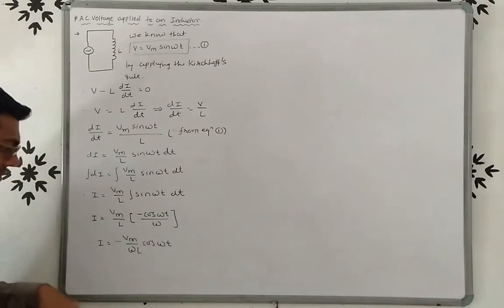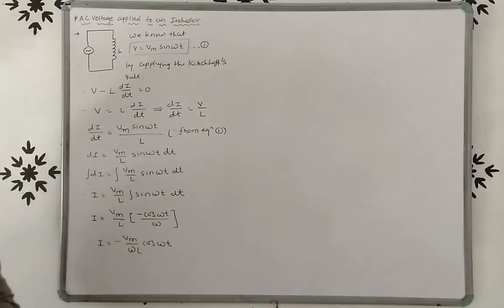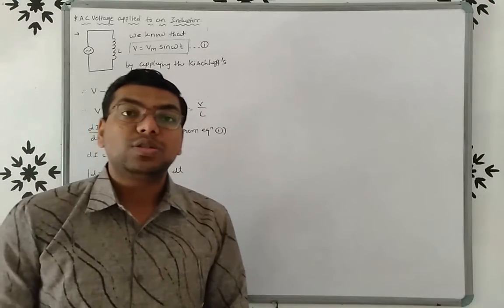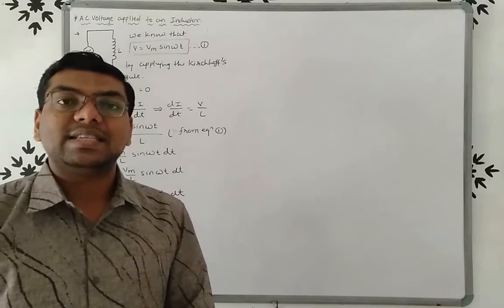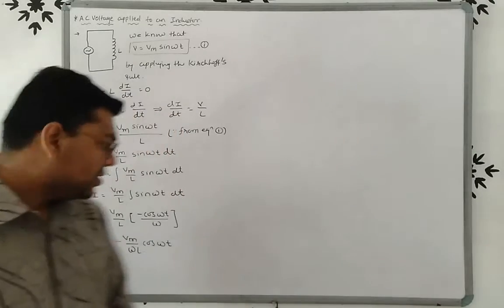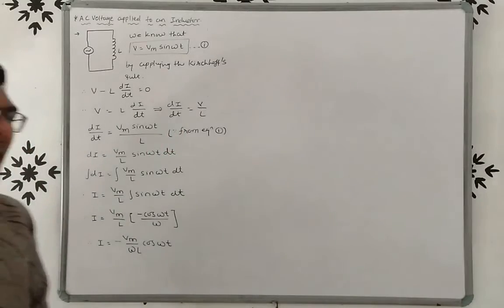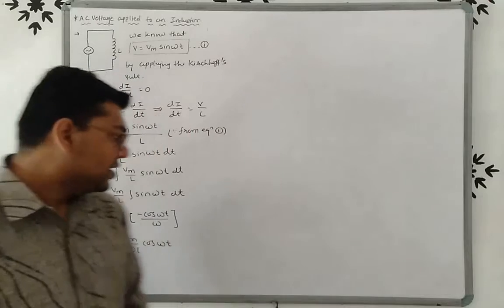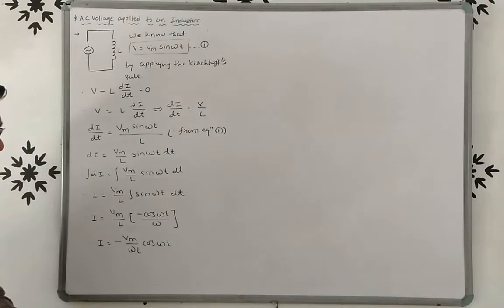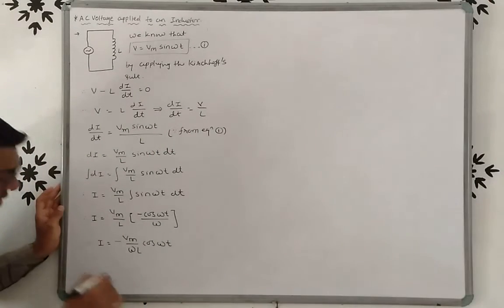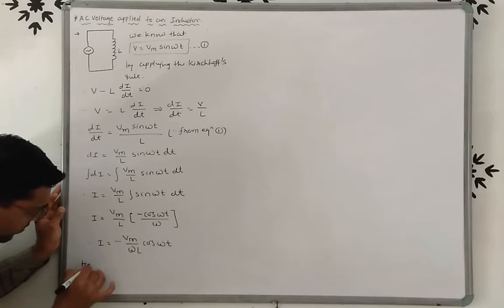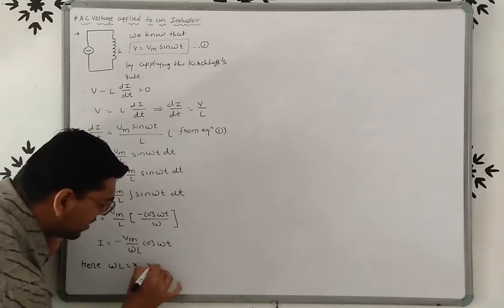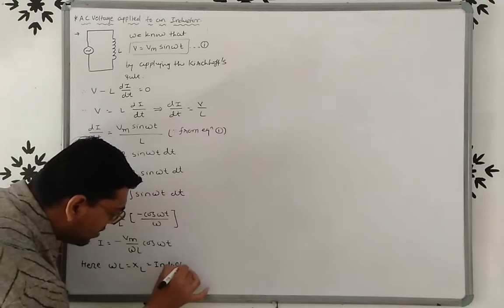Now friends, see this Vm by omega L. In the last lecture we wrote from Ohm's law Vm by R is equal to Im, right? So here this omega L is known as inductive reactance. So omega L is equal to XL, the inductive reactance.